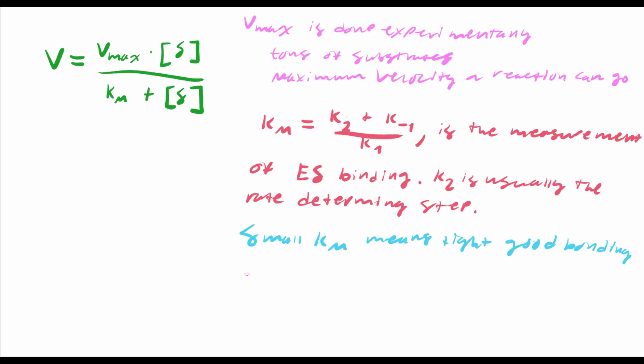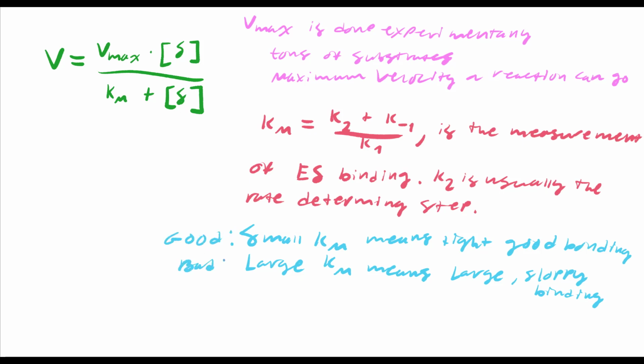Well, a large Km means a large, sloppy binding, bad, weak binding, I guess. So you can say that this is good and this is bad. Okay, so there we go.